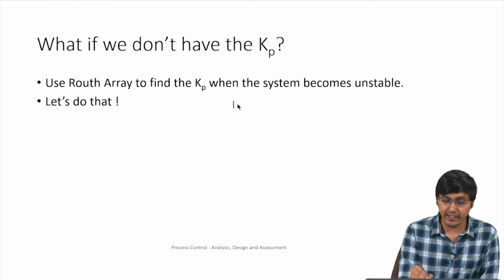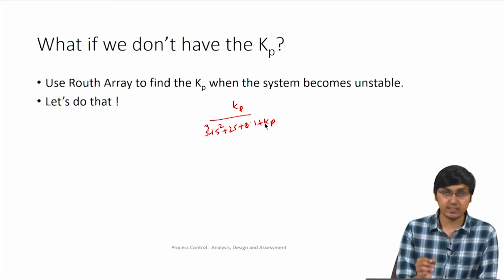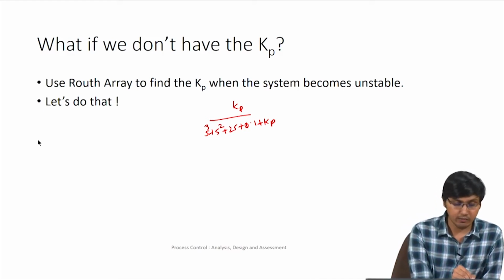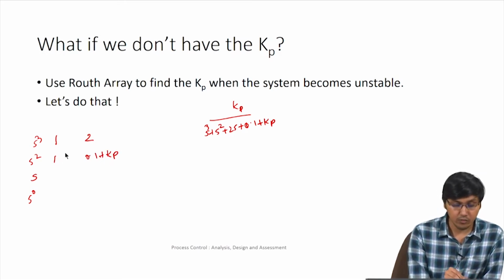Basically what we had is Kp by S cube plus S square plus 2s plus 0.1 plus Kp. So this was the closed loop transfer function we got, and then we write S cube, S square, S and S power 0. So here we add 1 and 2, and here we add 1 and 0.1 plus Kp, and now you put 2 minus 0.1 plus Kp by 1.